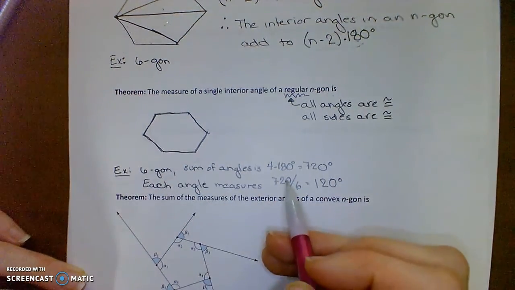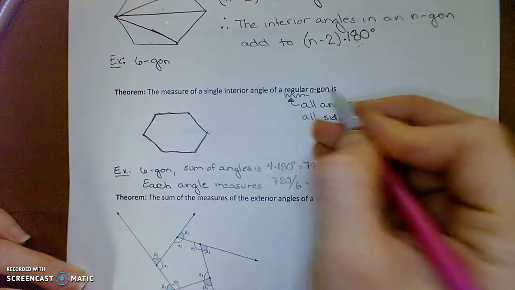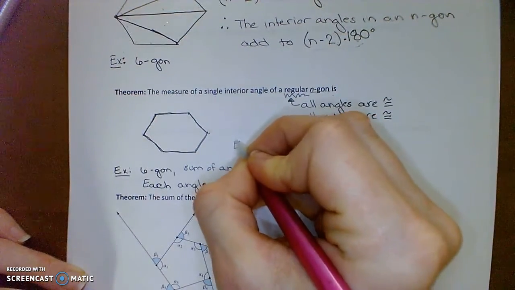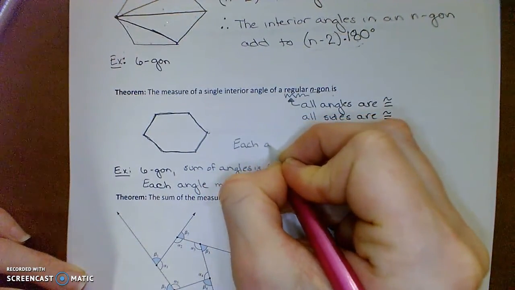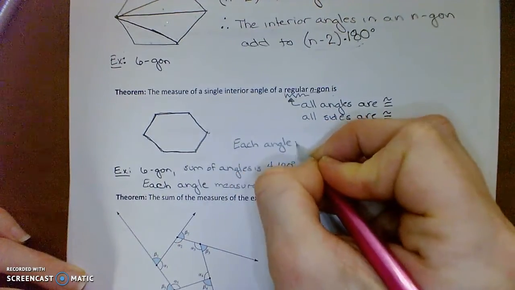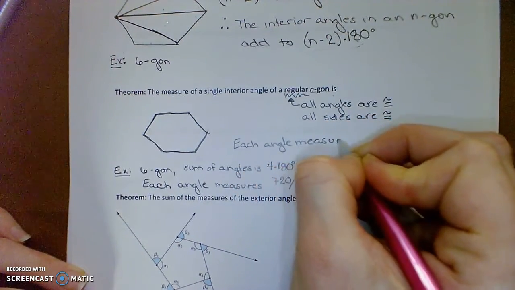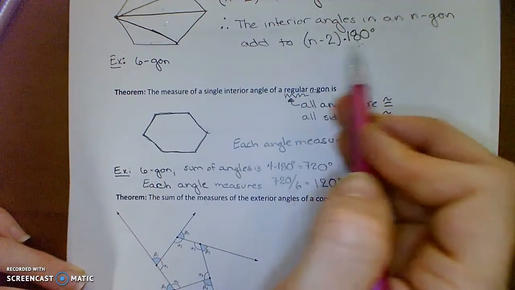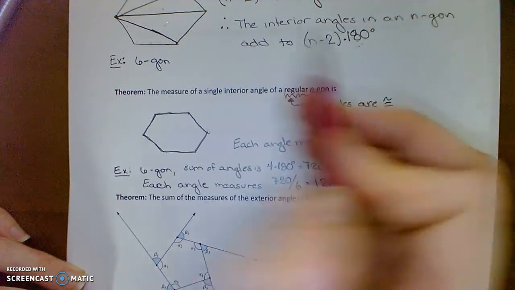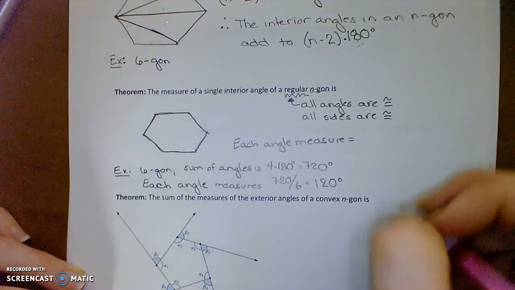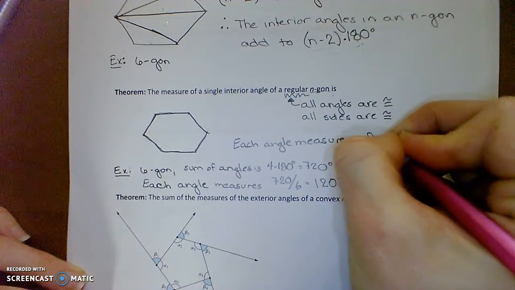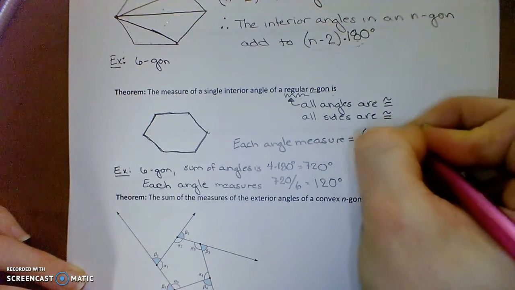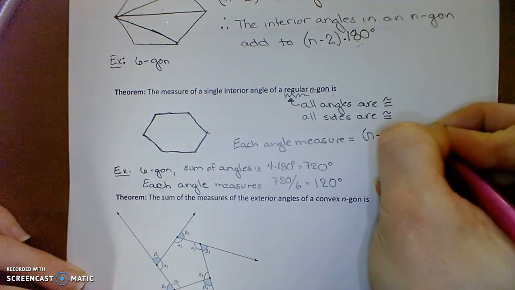So in general, if you have an n-gon, n is your number of sides, each angle measure will be, you take the total angle measures for the sum of all of the interior angles. So that'll be n minus 2 times 180 degrees.